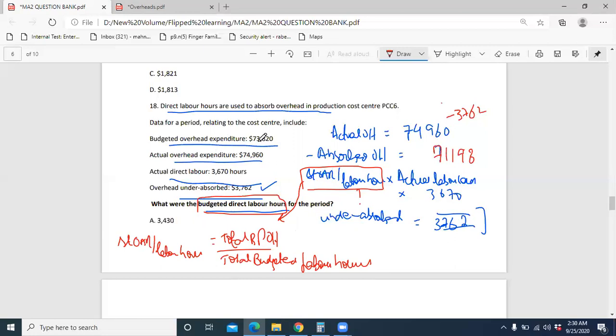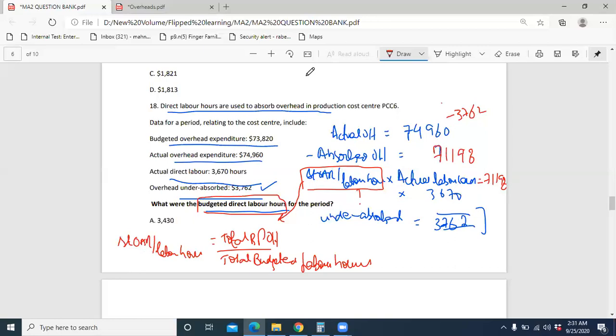And I actually have my absorbed overhead, 71198, and I also have actual labor hours, right? So given I have absorbed overhead and I have actual labor hours, can't I calculate my standard OAR? Why not? I can divide my absorbed overhead by 3670 and I can get my standard OAR.